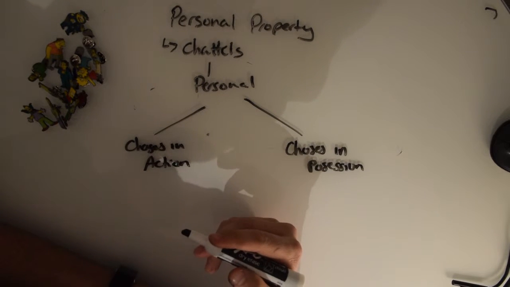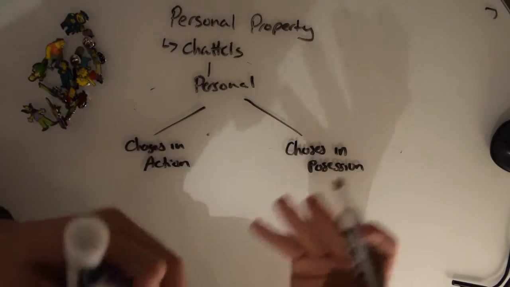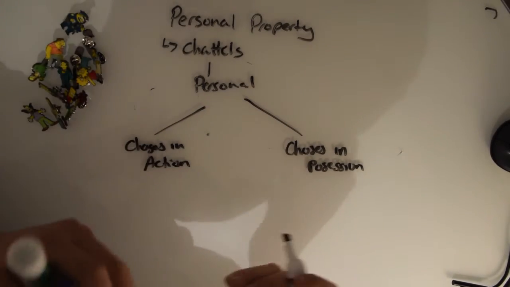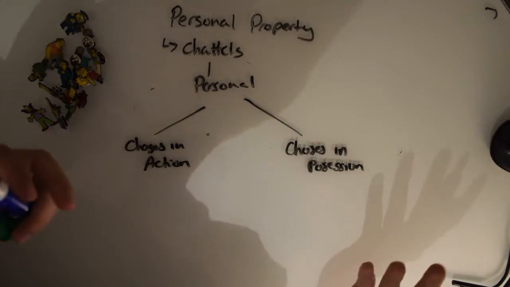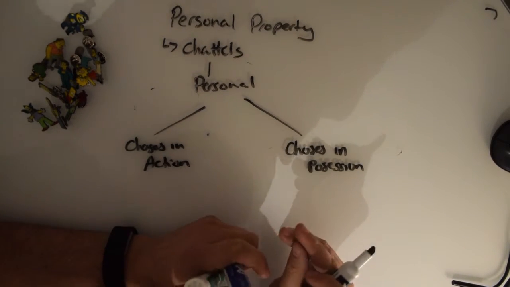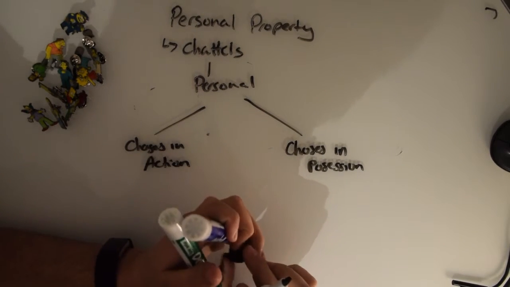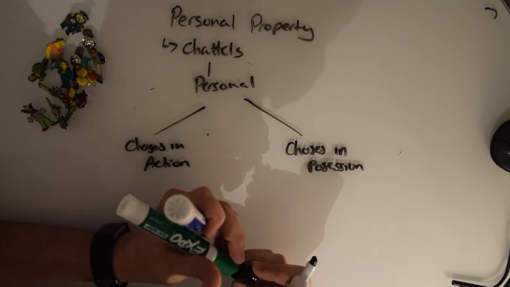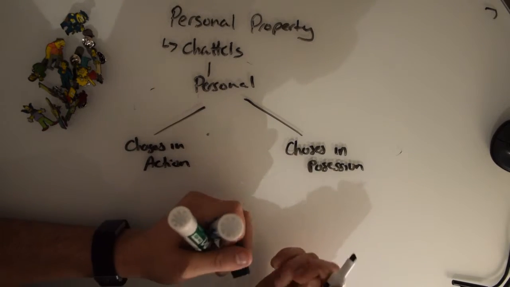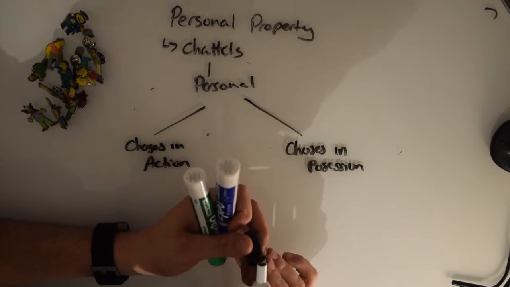So choses in action are really a right to sue on the basis of whether it being copyright or a patent. So a chose in action is your right to sue. And that is also considered personal property. If it is your intellectual possession, then that is your property too.